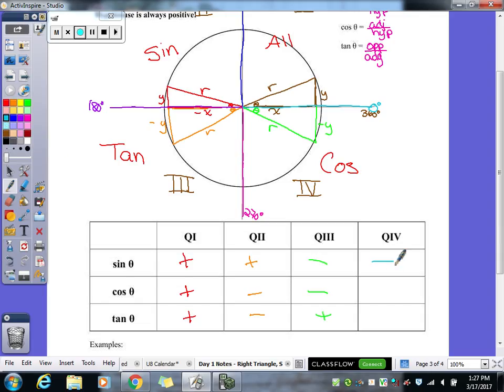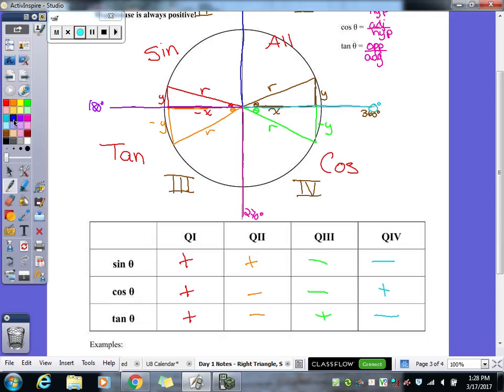So sine's negative, cosine's positive, tangent is negative. Then you can just figure out what the value is and remember, okay, I'm in quadrant 2, so I just got to make my cosine negative. And in quadrant 3, I got my sine value, I just need to remember to make it negative. So that makes it a little bit easier.